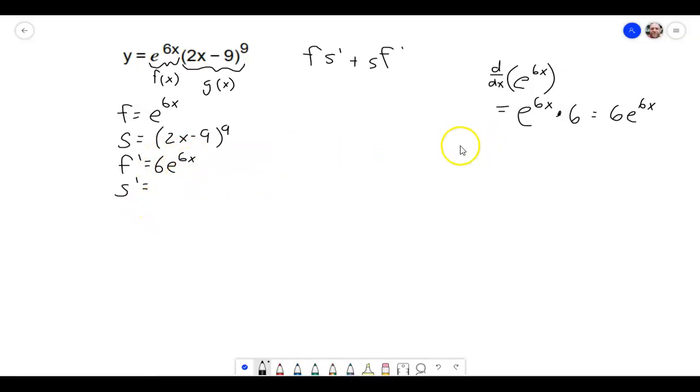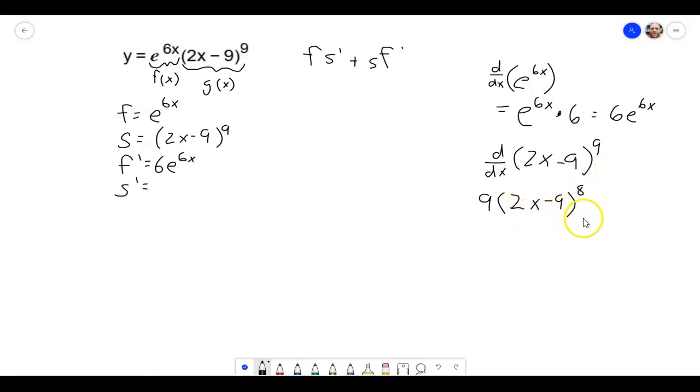I'm going to do the same thing for my second function. Notice that this is something in parentheses raised to a power, so I'm going to apply the chain rule again. So the derivative with respect to x of 2x minus 9 raised to the 9th power. First I'm going to find the derivative of the outside function, so just pretend everything on the inside is just some variable. That's just going to apply the power rule, so you bring the 9 out front, you keep whatever's inside, 2x minus 9, and you reduce the power by 1.